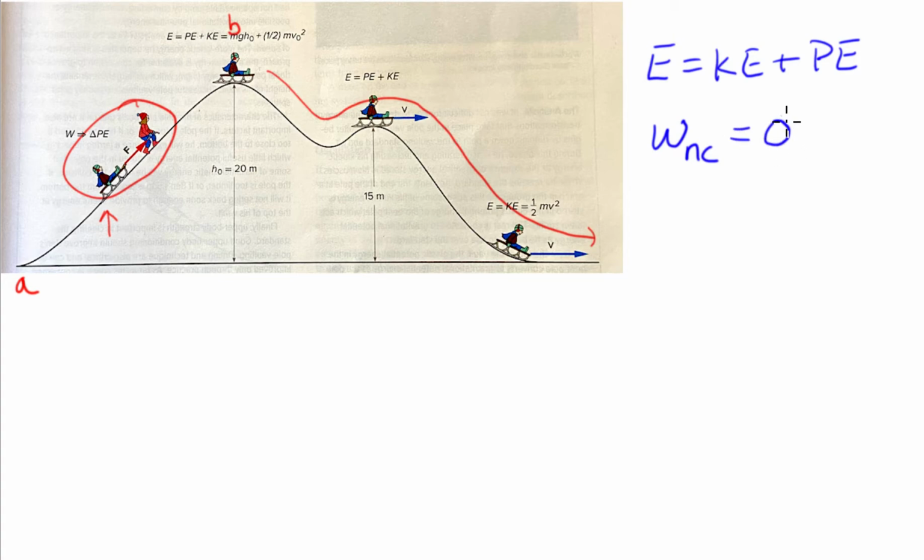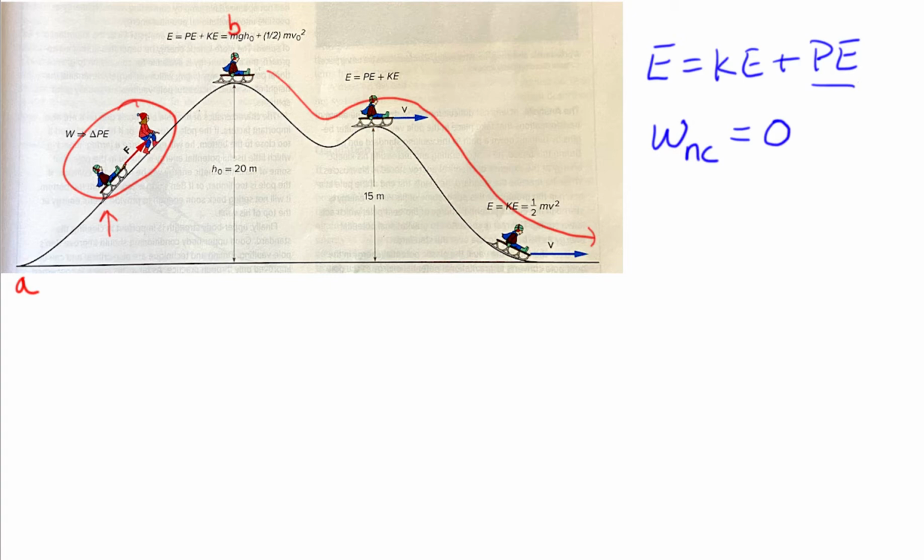So when there's no so-called non-conservative work. Again, conservative forces are springs and gravity. And the reason why we call them conservative forces is because they have associated with them a potential energy. Non-conservative forces, basically everything else, like friction, air resistance, motors, and the metabolic processes even in your own body.